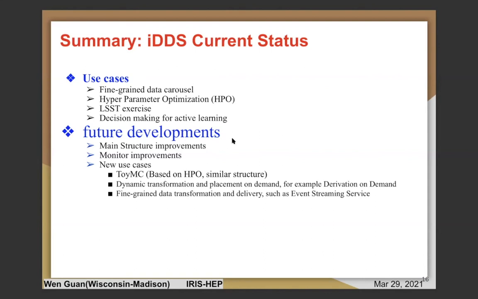That's why we wanted to have iDDS work between DDMS and WFMS to be intelligent delivery. So this is orchestration between Rucio and PanDA to get them working together better.